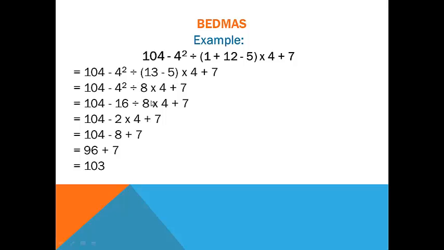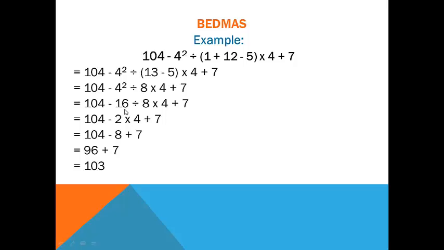So now we have this new equation here. So now we're going to look for exponents, and I see the exponents right here. So I'm going to do 4 squared, which is now 16. Now we're going to continue on for the division and the multiplication. So I'm going from left to right, and I see division here. So I'm going to right off the bat do that.